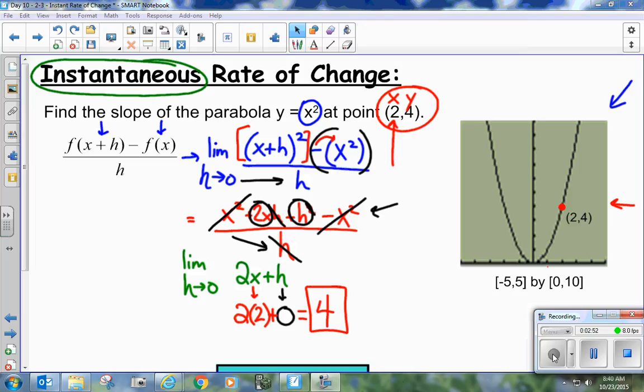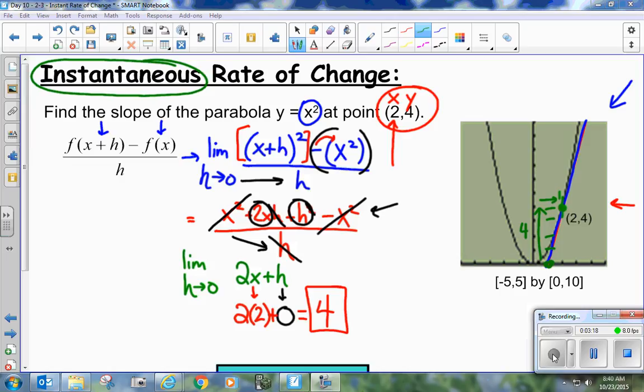If we were to draw a tangent line, that tangent line there has a slope of 4. Let's take a look. If I start right here, I go up 1, 2, 3, 4, then over 1. It is exactly right. It goes up 4 and over 1.